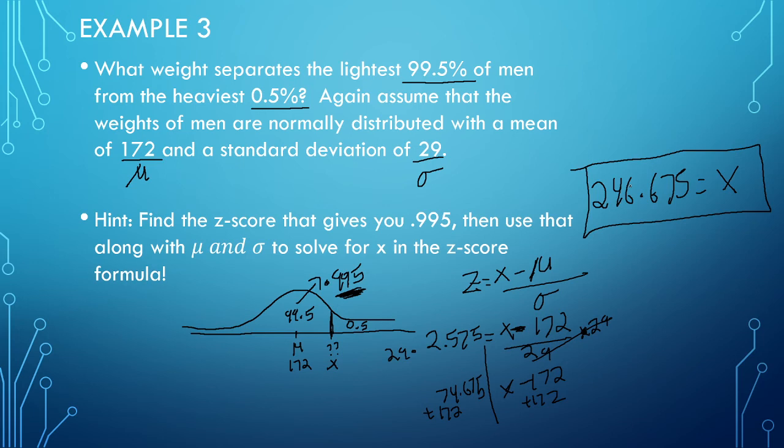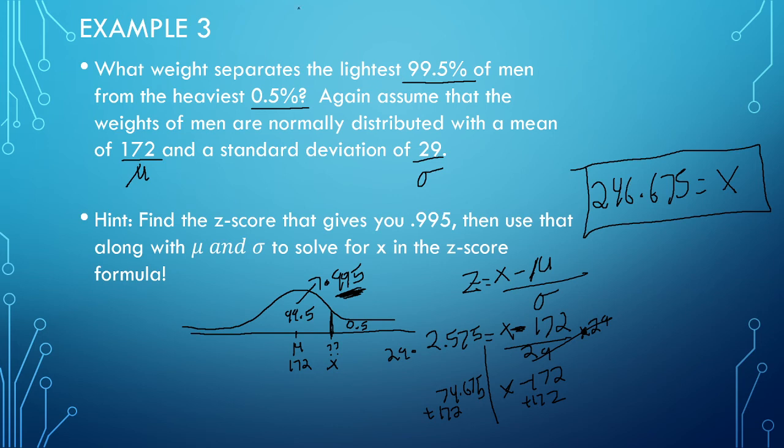If this was men in America, you'd be heavier than 99% of men in America. If this was men globally, you'd be heavier than 99% of the men globally. If this was just men in Illinois, you'd be heavier than 99% of the men in Illinois.